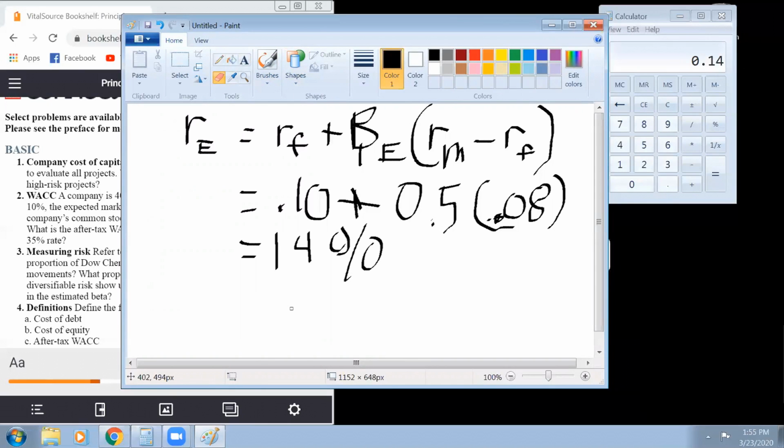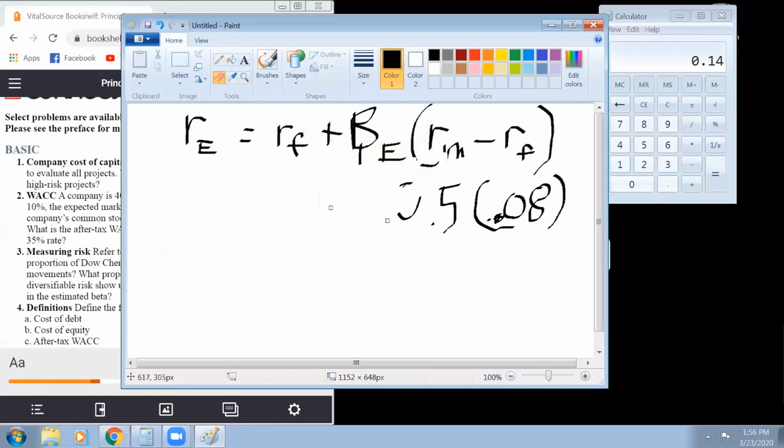All right, moving on. For the actual formula for the cost of capital, we need to know the cost of debt, which we do know. We need to know the weight of equity, the weight of debt, and the cost of equity. Once you know all those, you plug them into the formula, and you get the before-tax cost of capital of the whole company.